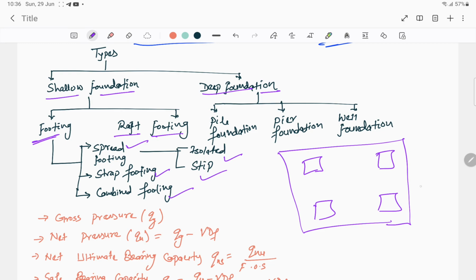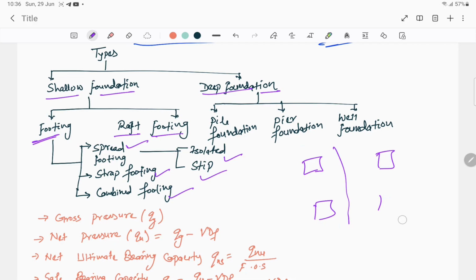For all these columns there is a common footing called raft footing. There is also one more footing in combined footing, that is rectangular combined footing and trapezoidal combined footing, when two columns or three columns are combined by a single footing. Then it is called combined footing.